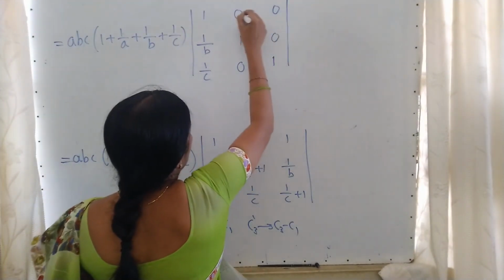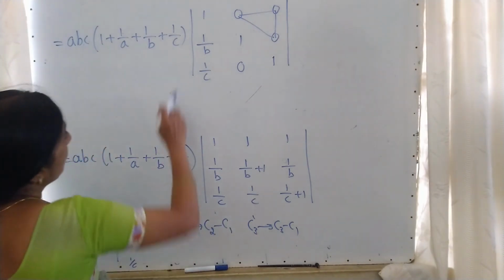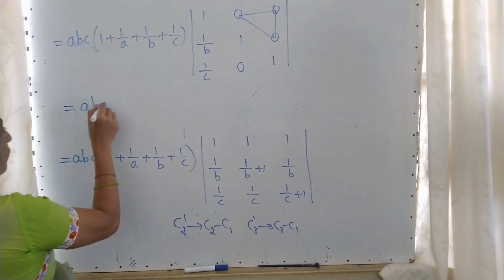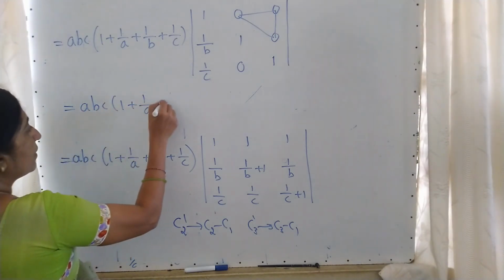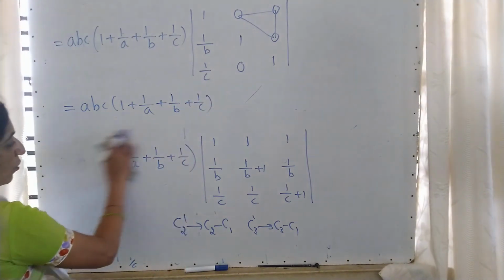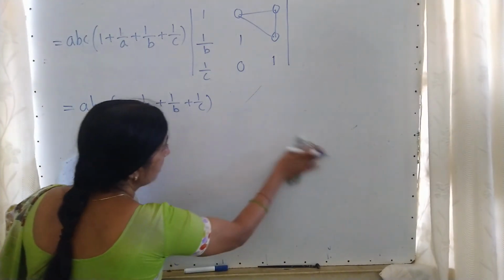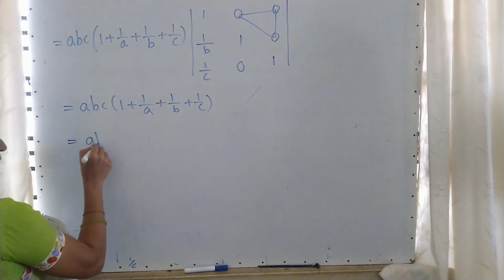You have a pencil, no? Join this. So what are you doing then? Multiplying the elements present in the principal diagonal, that is nothing but 1, 1, 1. So the answer is abc(1 + 1/a + 1/b + 1/c). We got one result. One more result is there. To get the next result, just take abc inside the bracket.